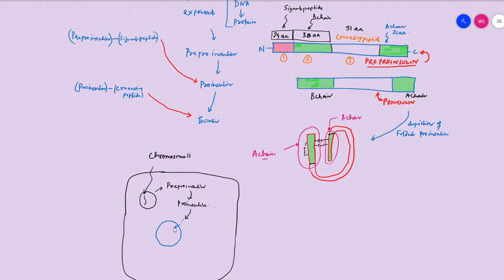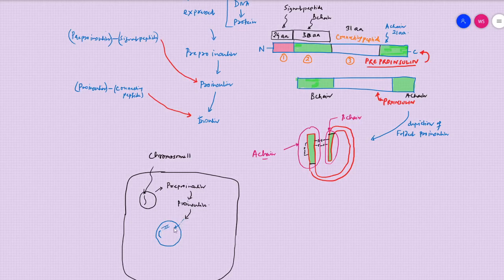What will happen to proinsulin within the vesicle is the proinsulin will lose the connecting peptide. Okay, so what we would see is insulin molecules. We'll see an insulin molecule and we will see connecting peptide within the vesicle. But this connecting peptide is now separated from the insulin itself. Okay. Right.